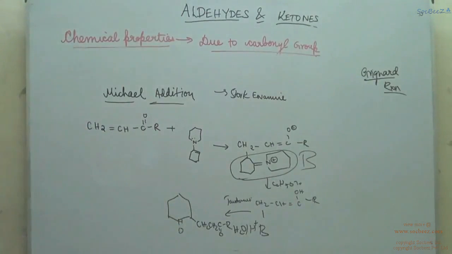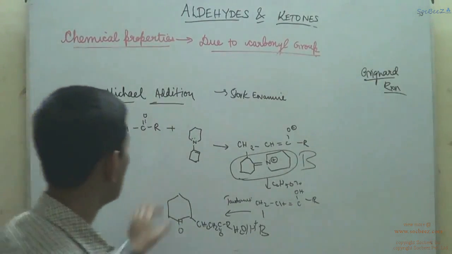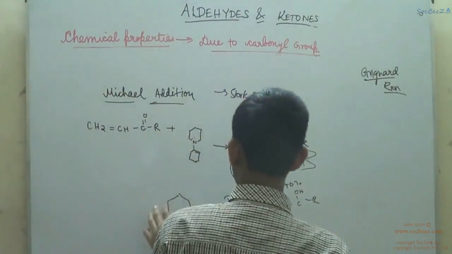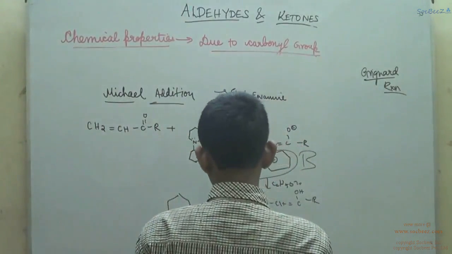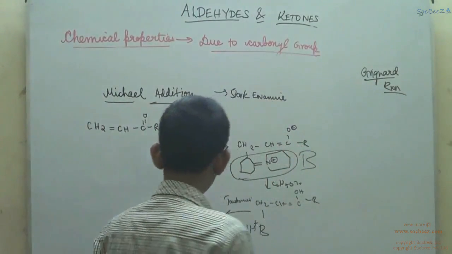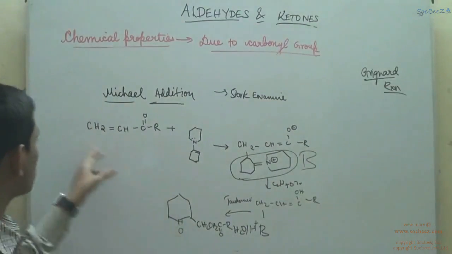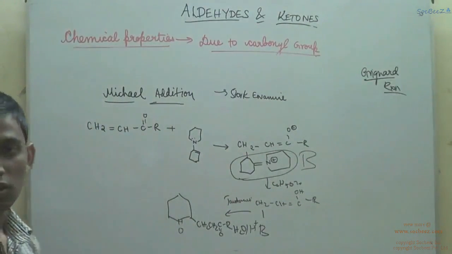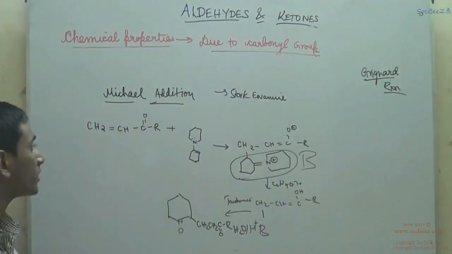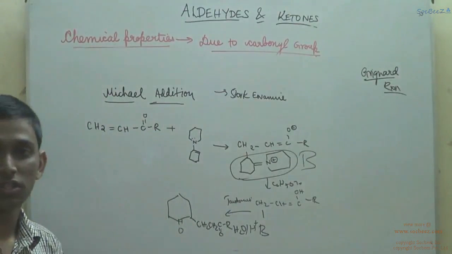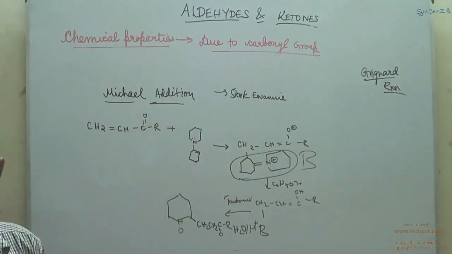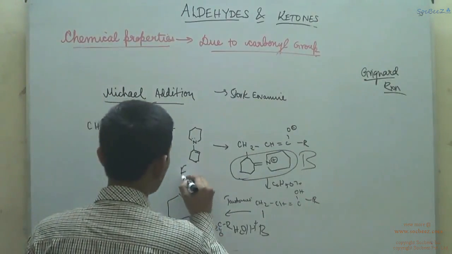This is your star-enamine synthesis or Michael addition, that to this particular compound you get particular compound, you form a cyclic ketone with its alpha position being attached by the original alpha beta unsaturated compound, with the unsaturated being lost. What is this? This is nothing but an enamine.